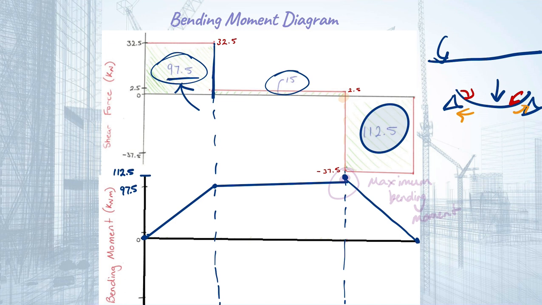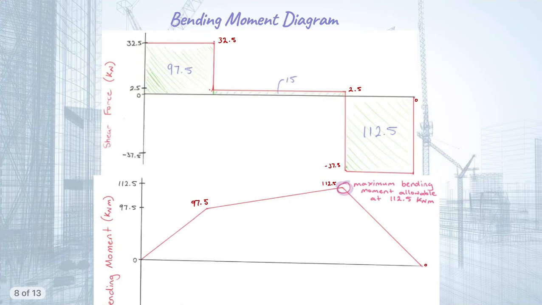Now remember how there was a point here on our shear force diagram where it crossed the x-axis. As we can see, this lines up with the highest point in our bending moment diagram. And this highest point is called the maximum bending moment. That's going to be very important for when we get into our calculations of ultimate bending stress.